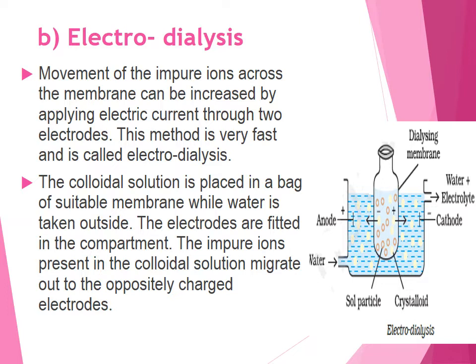Let's see the figure. In this method, the colloidal solution is placed in a bag of suitable membrane while water is taken outside. The electrodes are fit in the compartment. The impure ions present in the colloidal solution migrate out to the oppositely charged electrodes when we apply electricity through the solution.